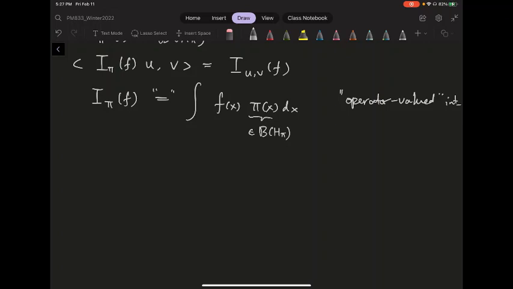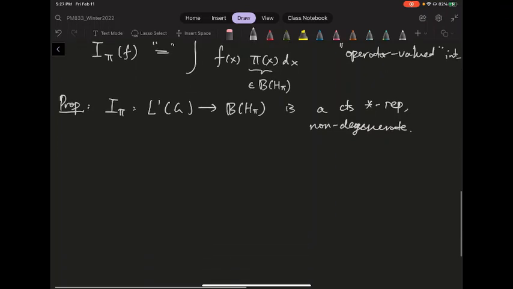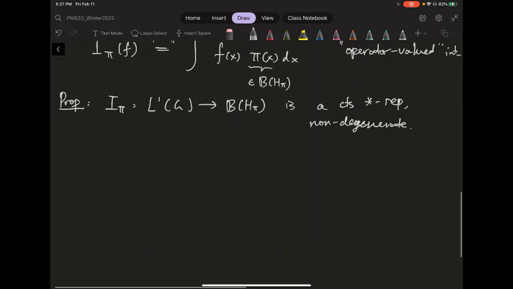Okay, so the first proposition we're going to prove is that this I pi, from the L1 of G to B of H pi, is a continuous star representation, and also it's going to be non-degenerate.